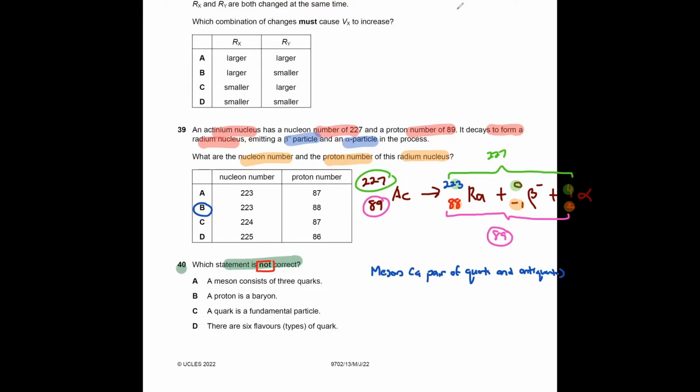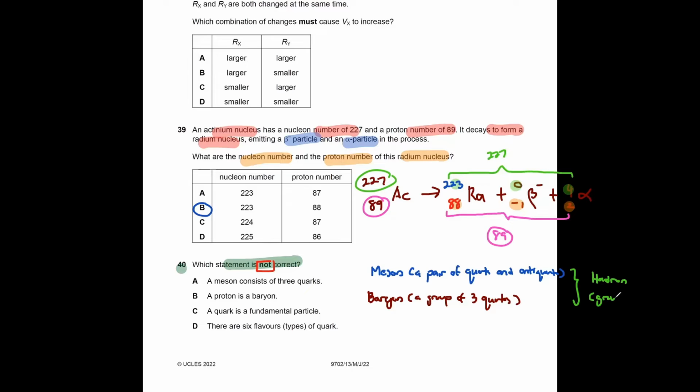When you're talking about baryon, it is a group of 3 quarks. So meson and baryon both belong to another group of particles called hadron.